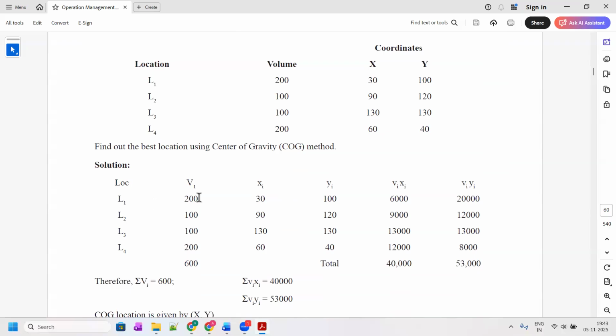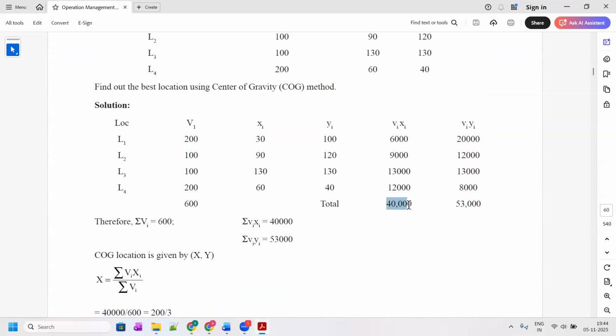For each location they multiplied the volume with the coordinate, 200 into 30, 200 into 100, 100 into 90, 100 into 120, 100 into 130, 100 into 130, 200 into 60, 200 into 40. The sum product is calculated for each of these.